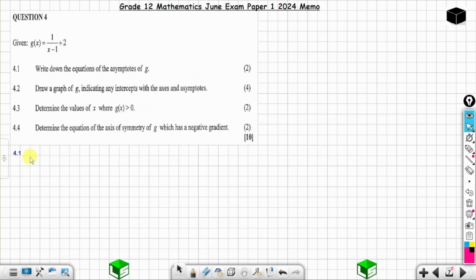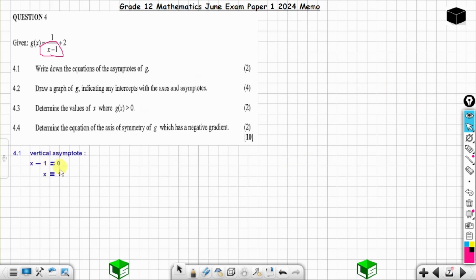So to find the vertical asymptote, you are going to take what you have in the denominator, equate it to 0, and then you solve for x.